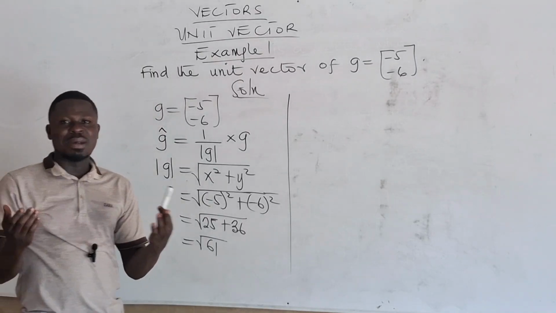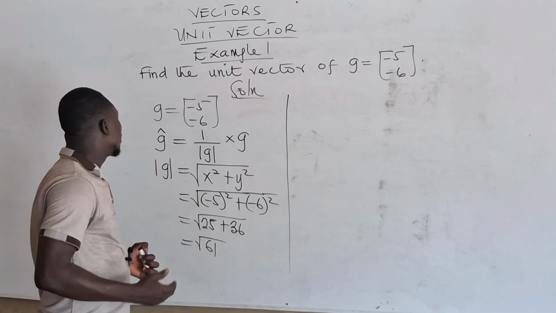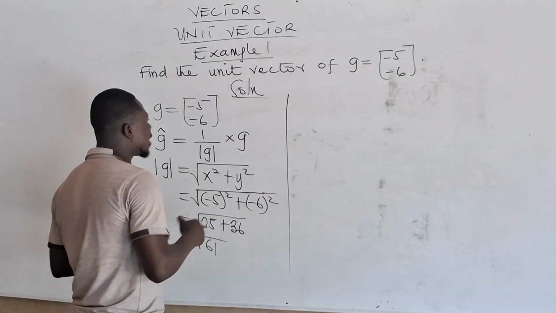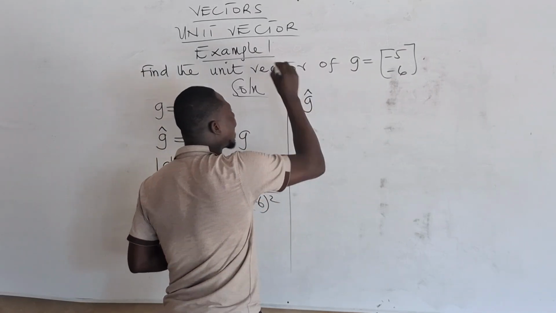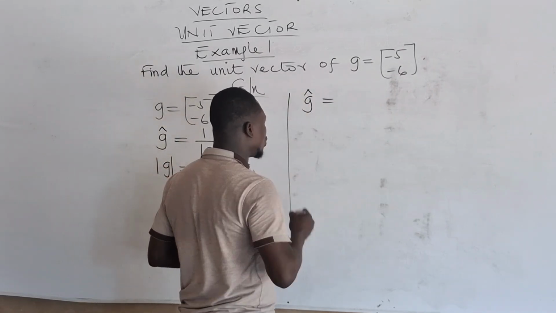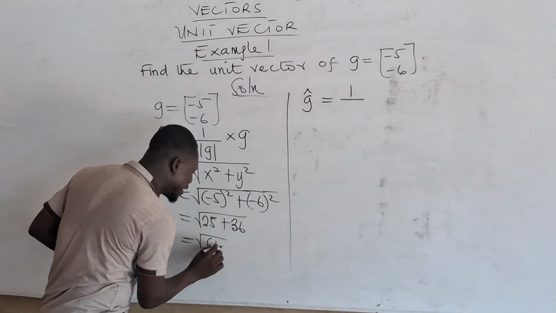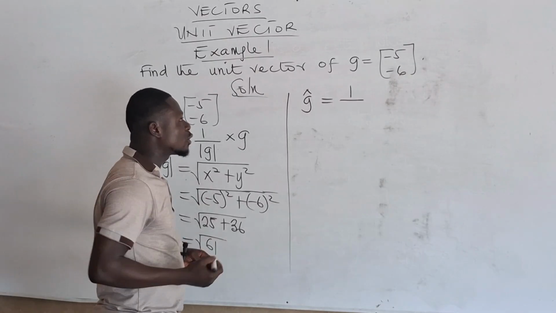Now that we know the magnitude of the vector G, let's proceed to the finding of the unit vector G. So G cap is equal to 1 on the magnitude, and the magnitude is the square root of 61.